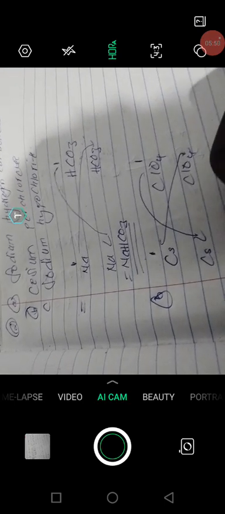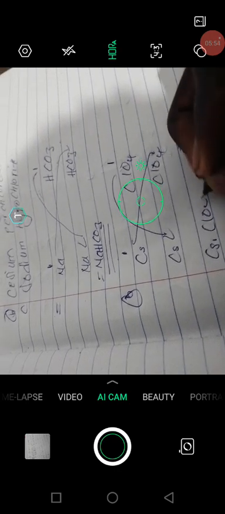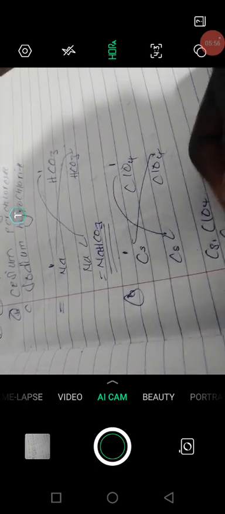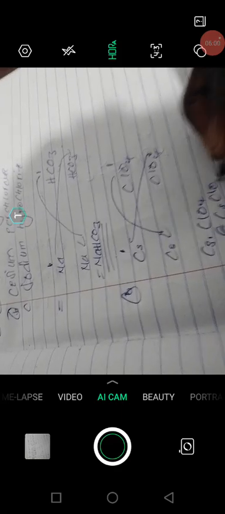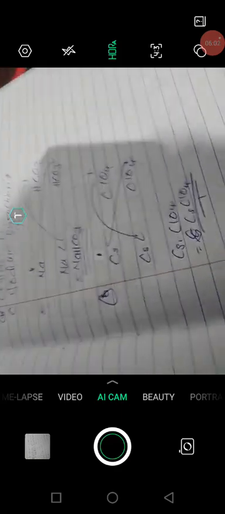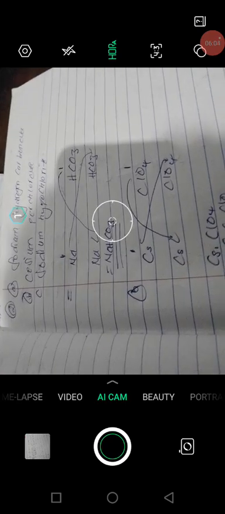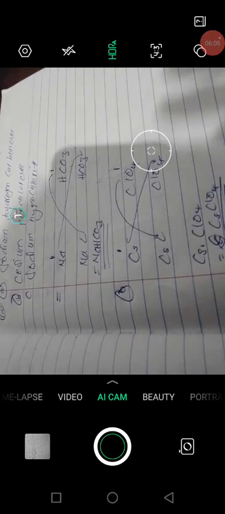So this one comes here, which is cesium there, and also ClO4. This is cesium perchlorate.